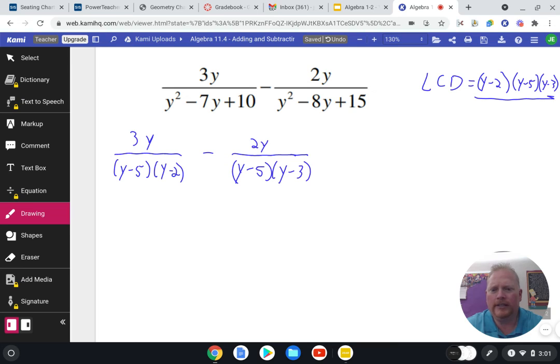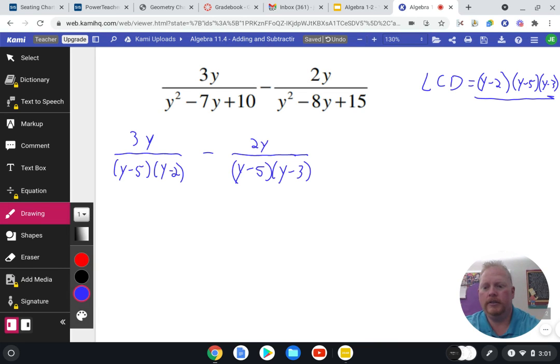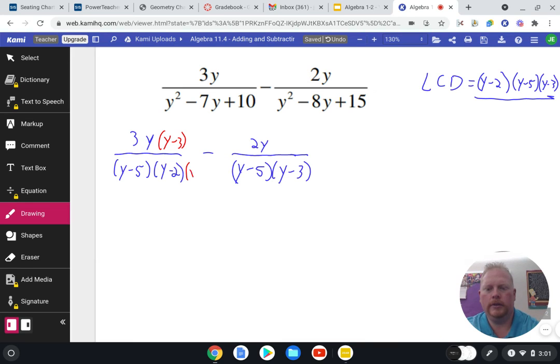So now taking a look at this, what is each fraction missing? Well, the first fraction is missing the y minus 3. So I will multiply by y minus 3. And the second fraction is missing the y minus 2. Okay. So now my denominators are the same.